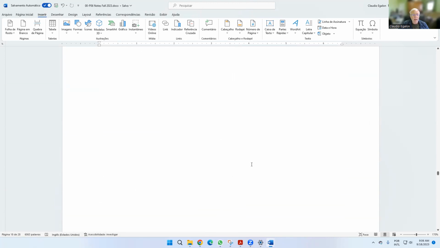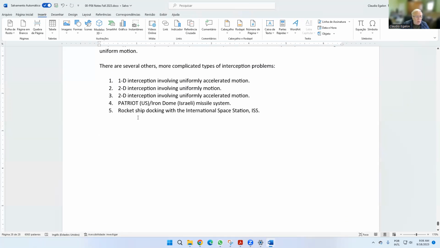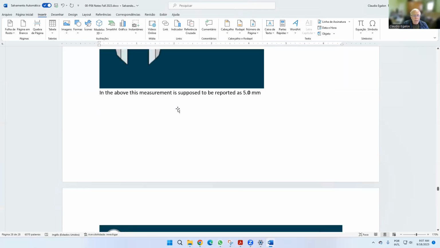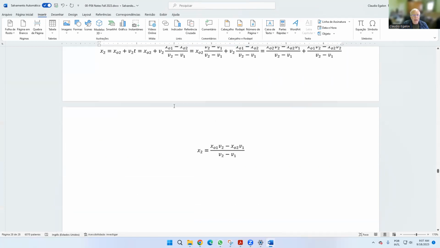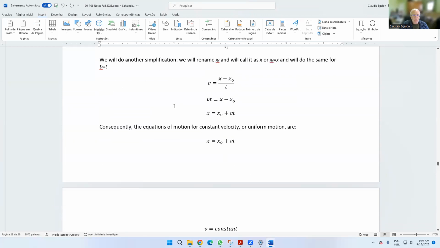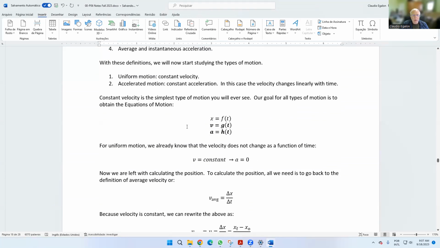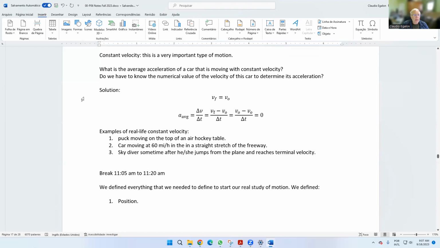Let's take a look now at the equations of motion for uniformly accelerated motion. Let's go back to our definition of acceleration, because we're going to need that.